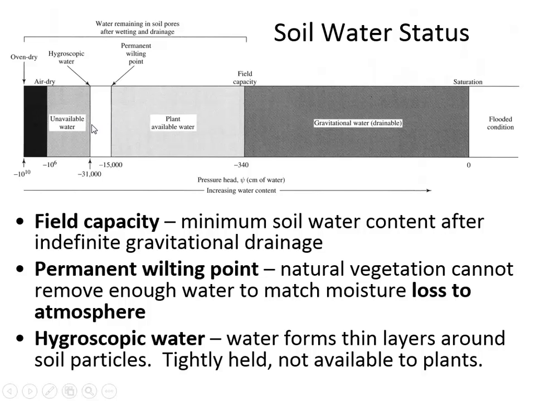And then the next limit, the hygroscopic water, is the amount of water that's forming very thin layers around the soil grains themselves. If the soil is warmed and some evaporation occurs from the soil, then the hygroscopic water is the amount of water where every surface is coated inside the soil, but the voids aren't. So let me draw a diagram of that.